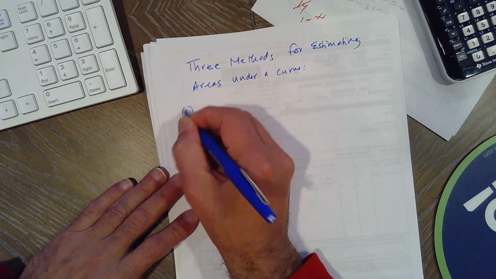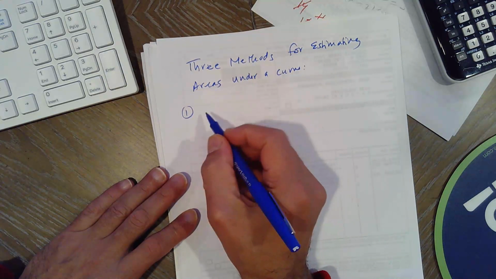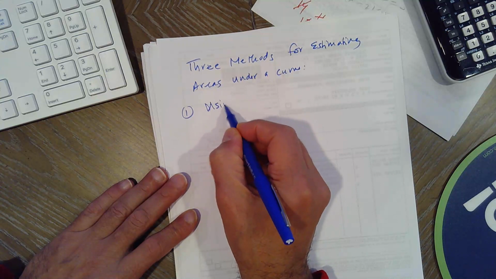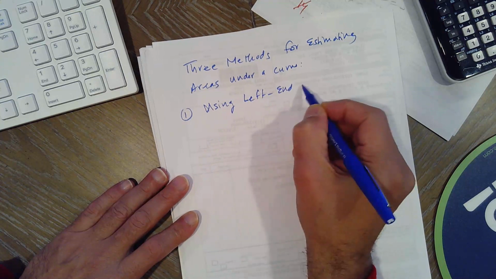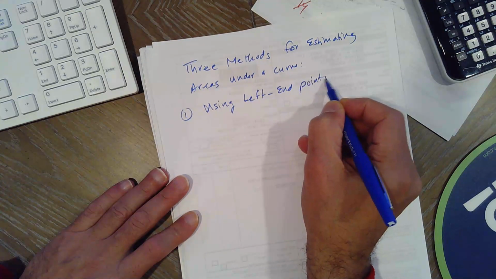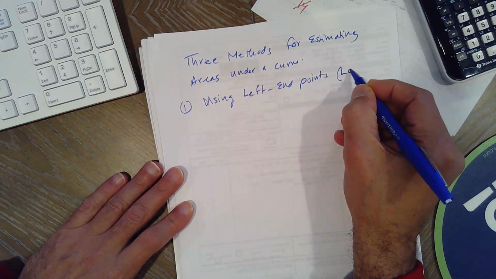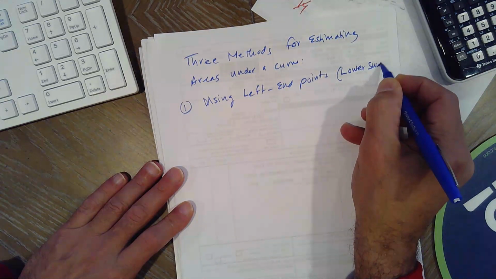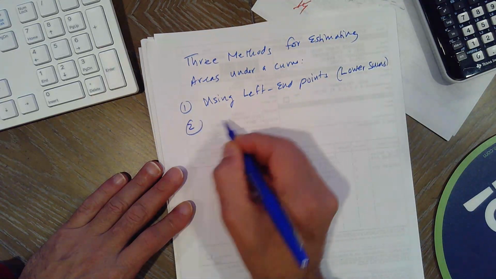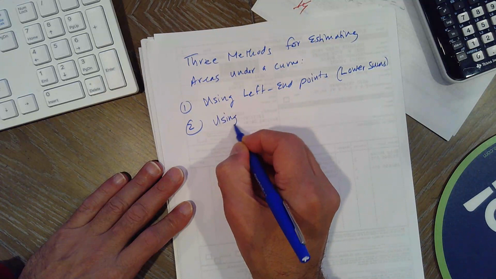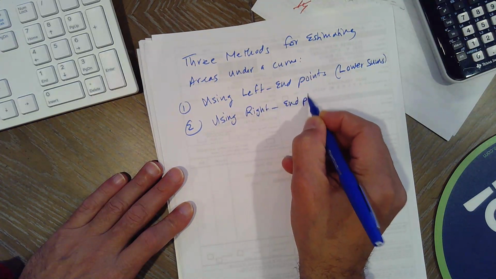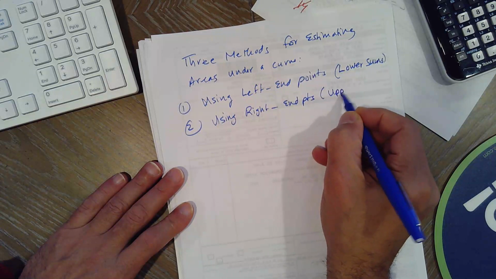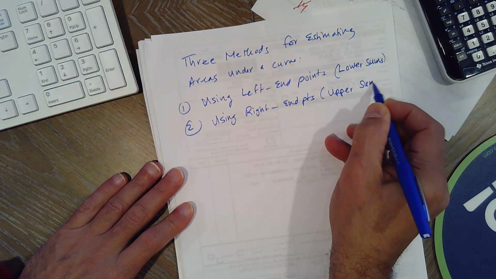The first one is using the left endpoints. I'll explain each one of them. The left endpoints, this comes to be using lower sums. And then using the right endpoints, which is gonna come up to upper sums.